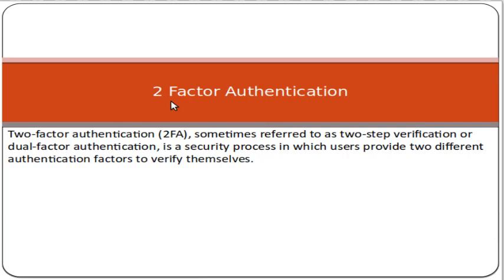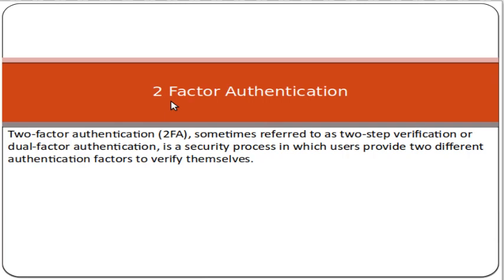Then the second factor means you will receive an OTP, a one-time password, or biometric verification. So authentication nowadays relies on two factors. One factor is the ID and password, and the second factor is the OTP which you receive on the mobile, and then you enter it in the application.